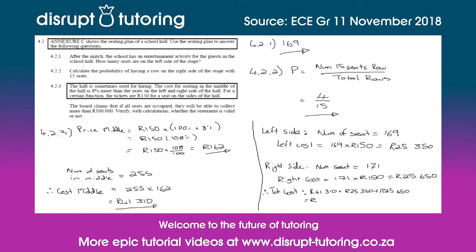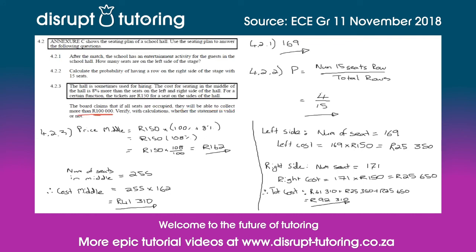So put all three of those into your calculator and it comes to 92,310 Rand.